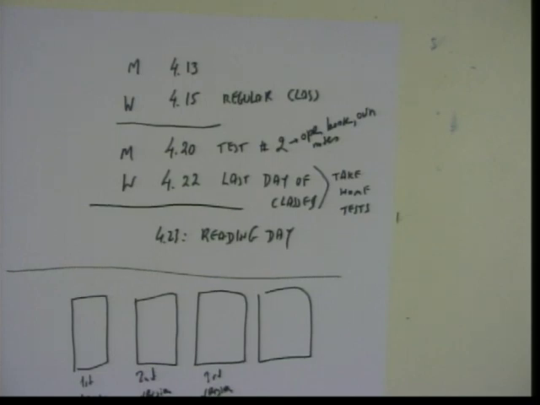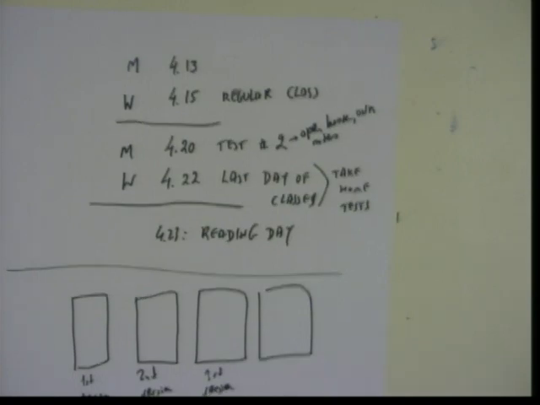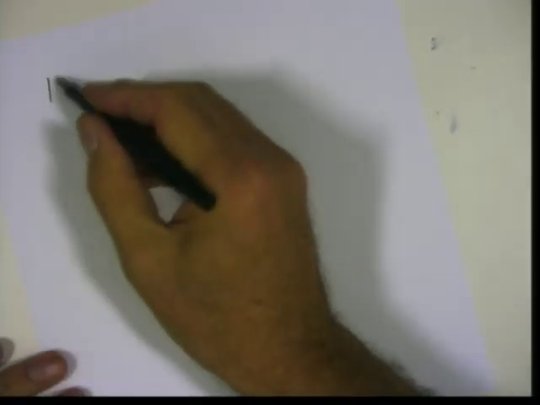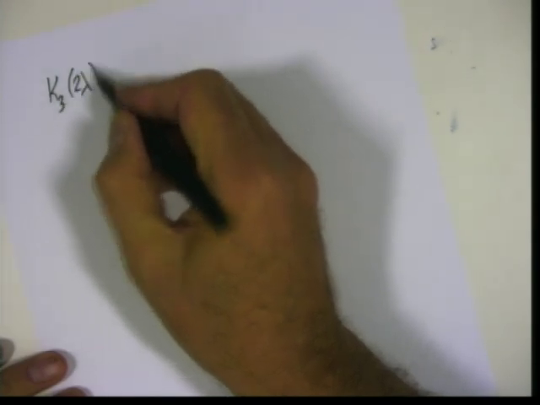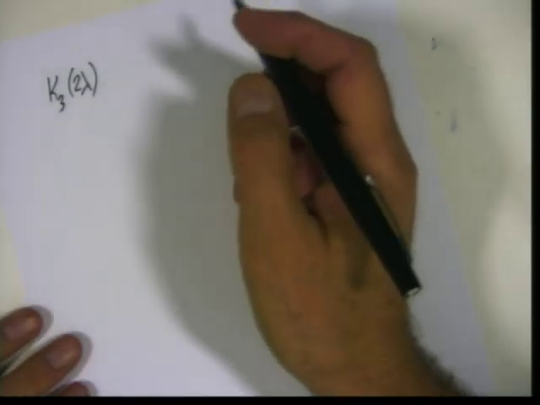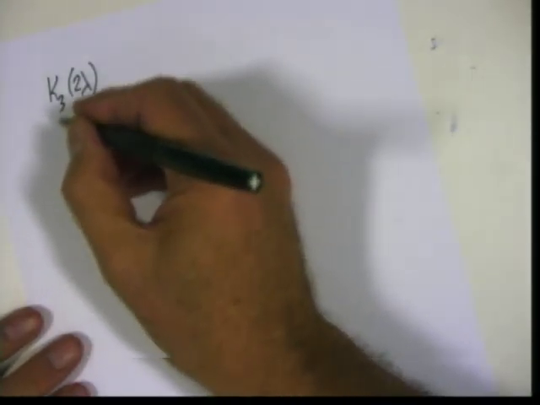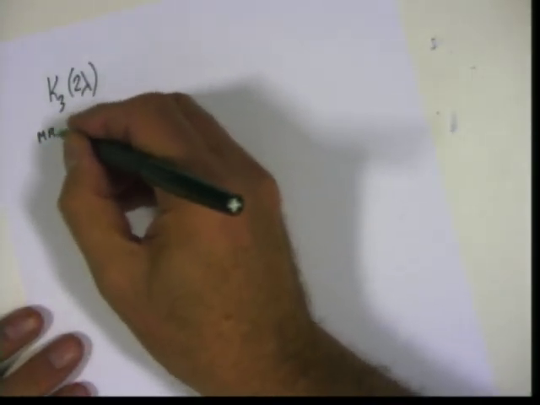Say it again? Yes, okay. A student is asking about K3 of 2 lambda. How much did each of you obtain? Can you tell me? Okay, let me write down here. I will write down Mr. Peguero.